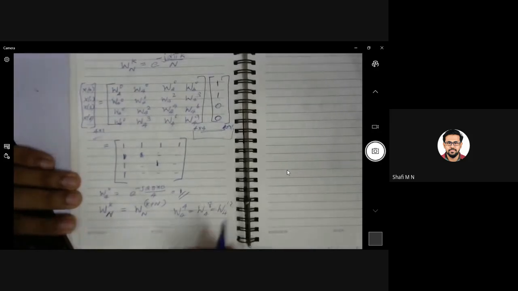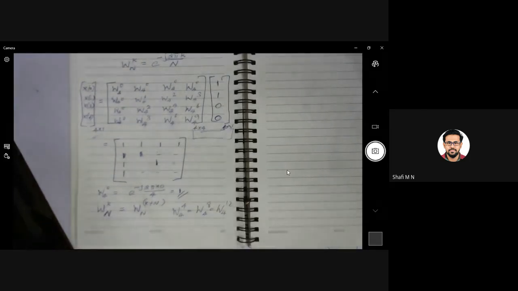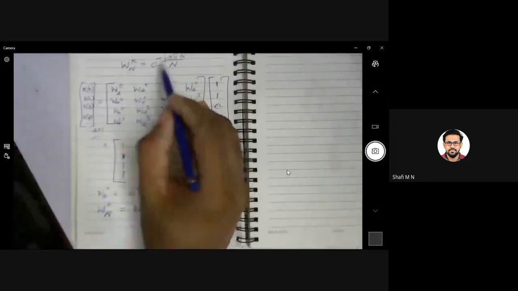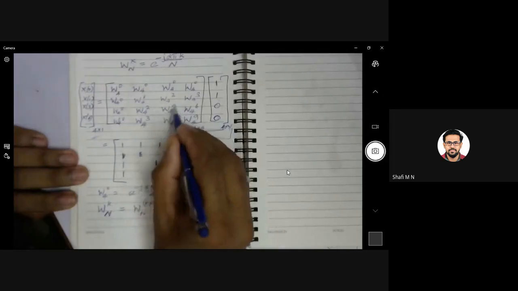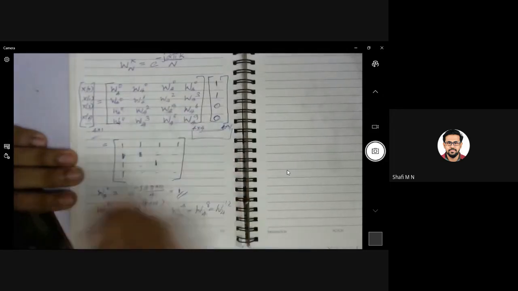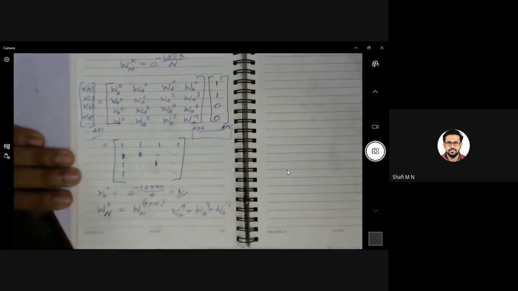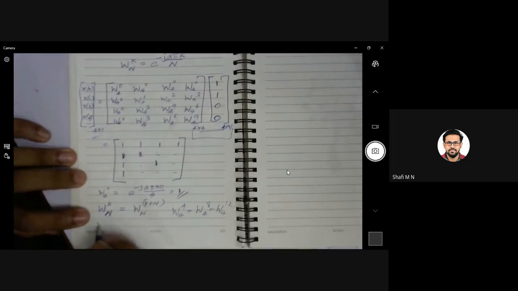All values will be the same. That will repeat. Got it? After 4 values, that will repeat because the index is 4 only. That's because of this exponential term. So W_4^4 can be equated to W_4^0, so this term will again be 1 itself. Now let's find the remaining terms. Next, let's find W_4^1. So find the value of W_4^1.